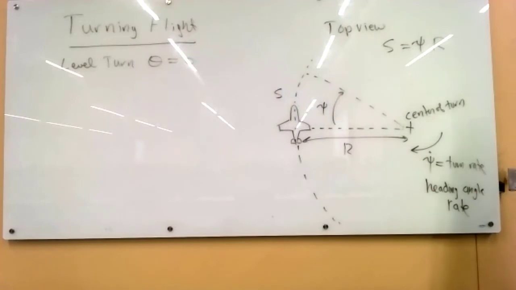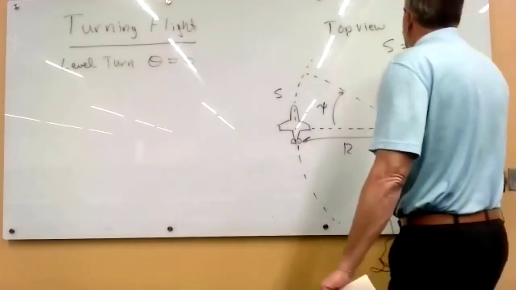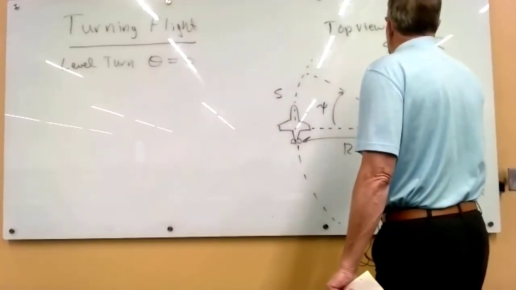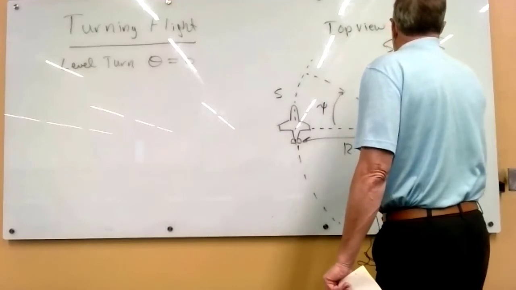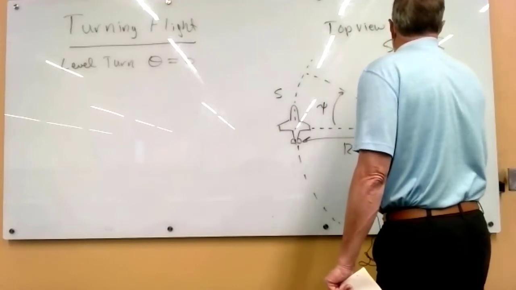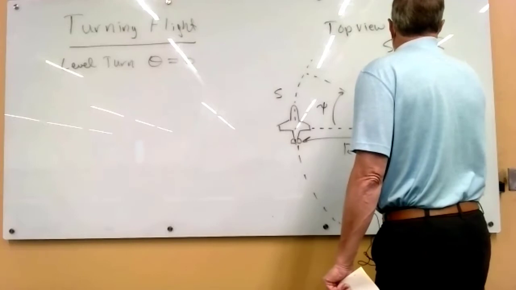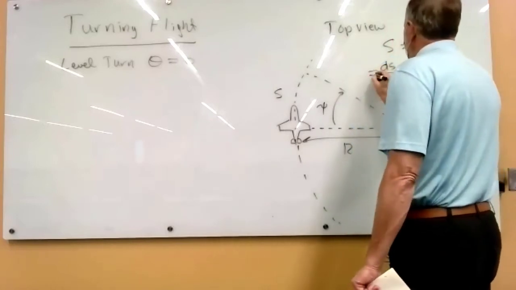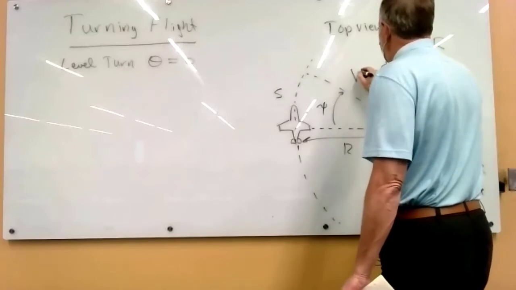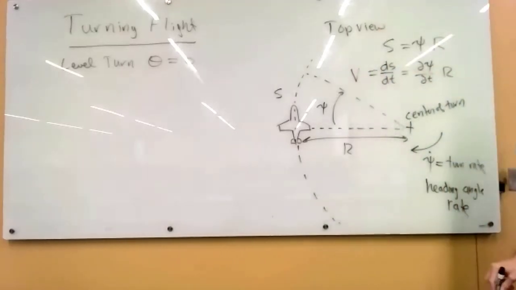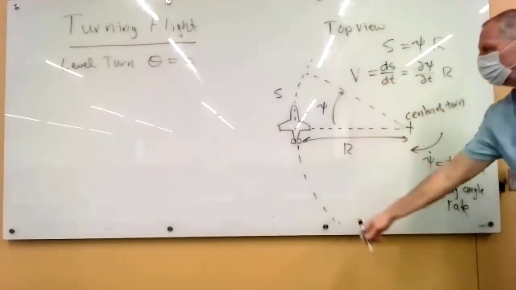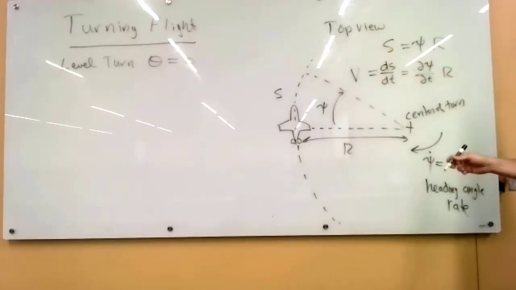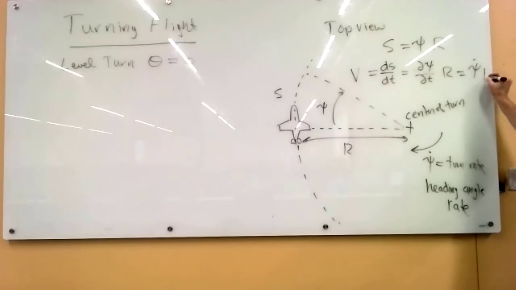If we take the derivative, the change in position is equal to the angular rate times the radius. And change in position with respect to time is just velocity. So the forward velocity along that arc is related to the turn rate by the radius.